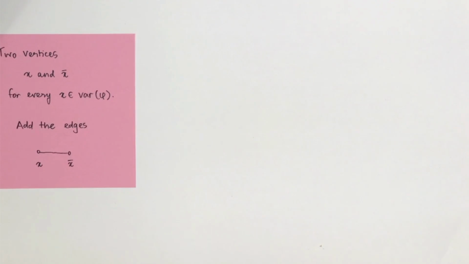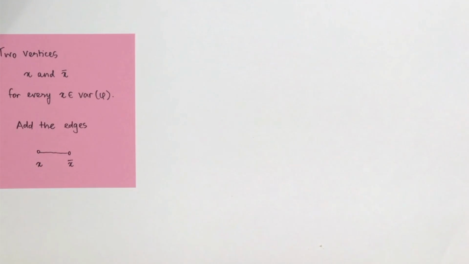So this graph is capturing information about the variables, and we need to now also encode in this graph information about the clauses of the formula phi. So remember that phi was a 2-SAT formula, and in a 2-SAT formula, every clause has at most 2 literals. So we have clauses that have 1 literal and we have clauses that have 2 literals.